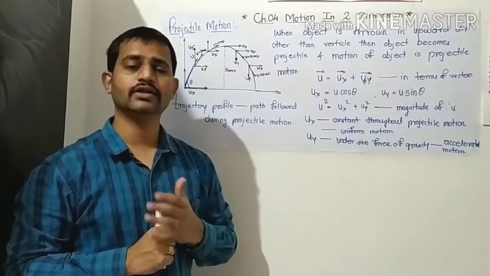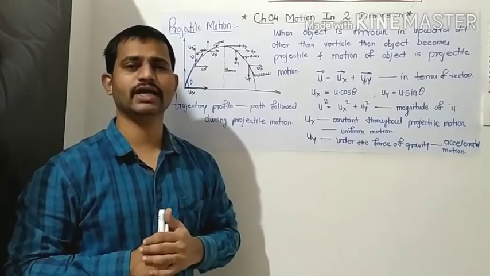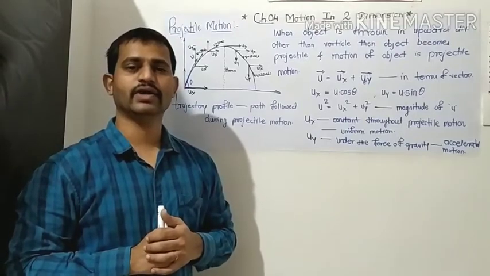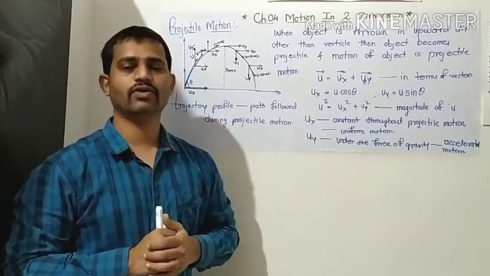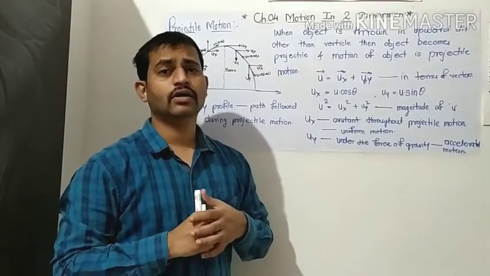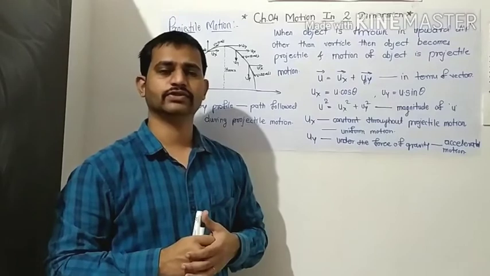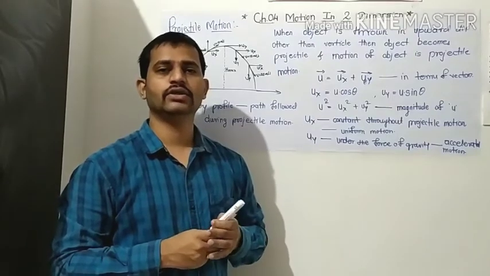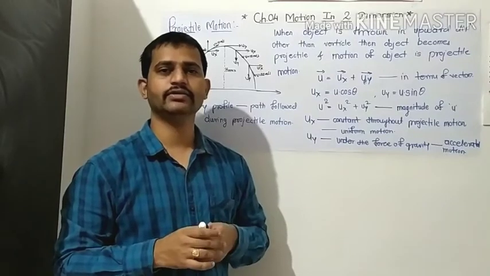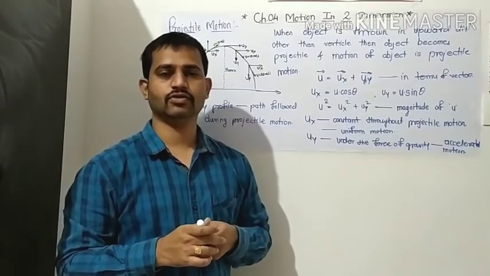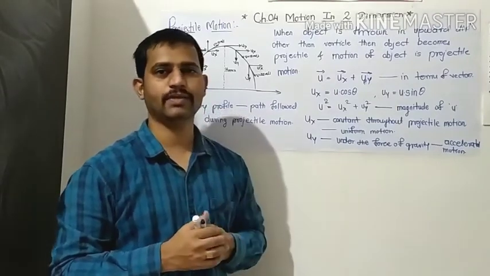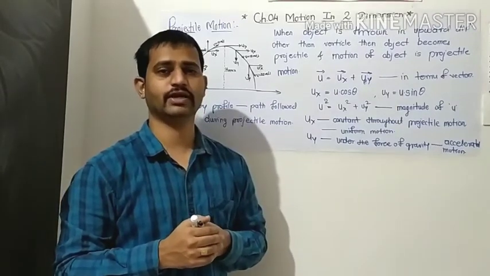Because of the force acting on it, its component along the y direction goes on changing, so it has to follow the trajectory path. That's why we get the trajectory path for this particular motion of a projectile, and this type of motion of an object is known as projectile motion.